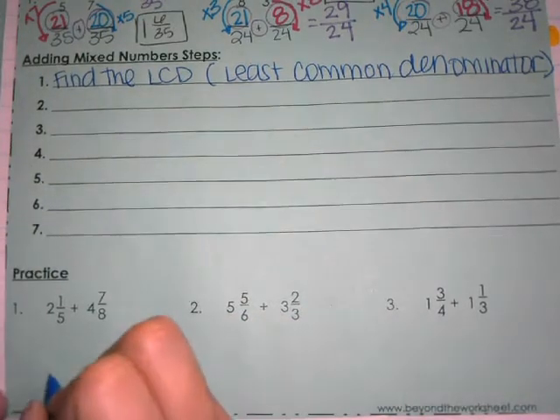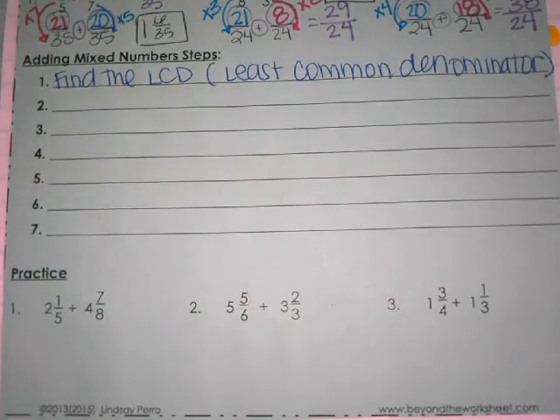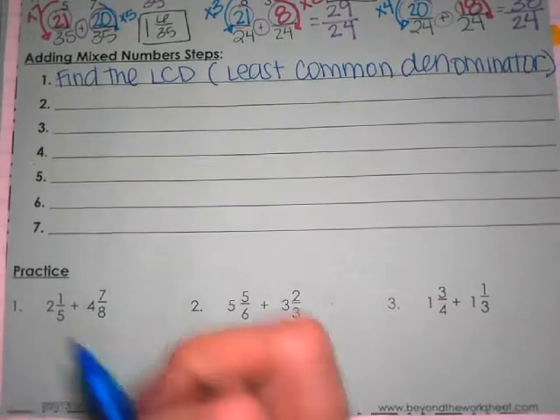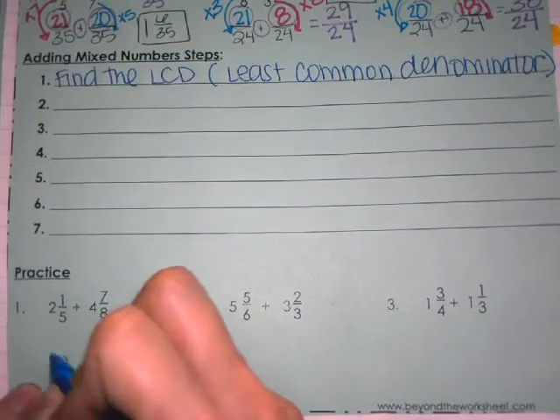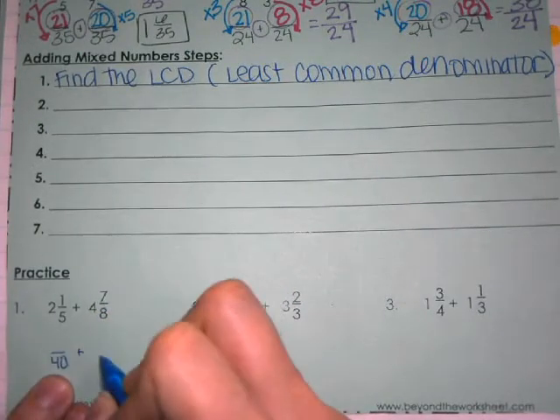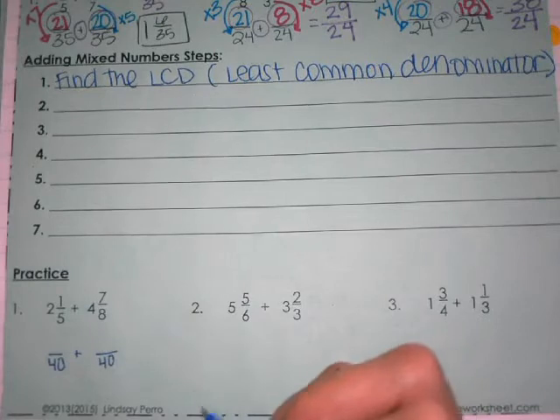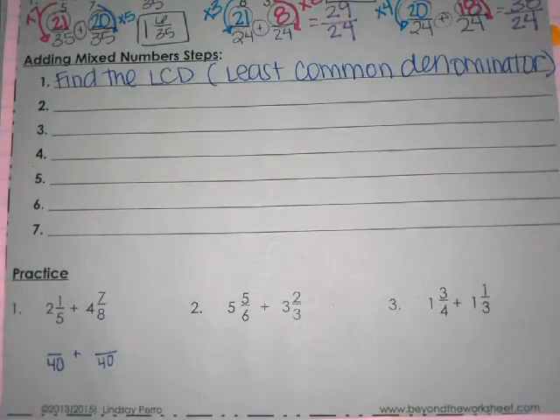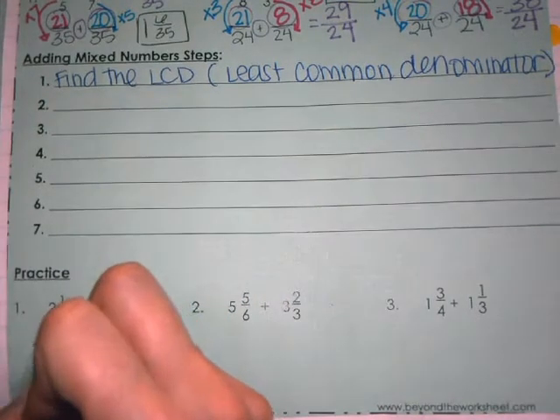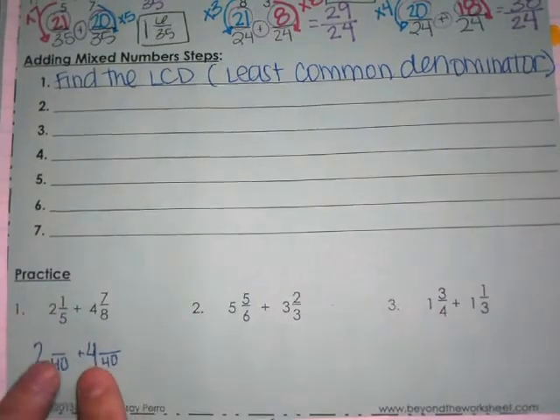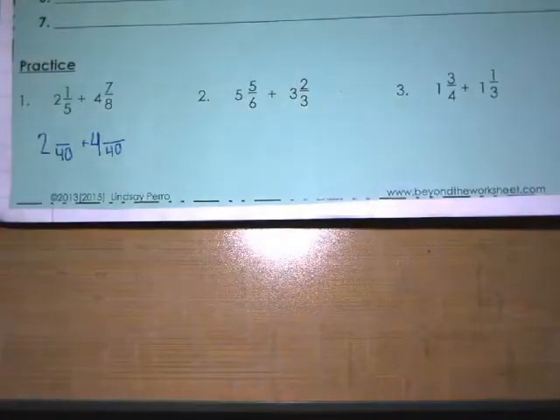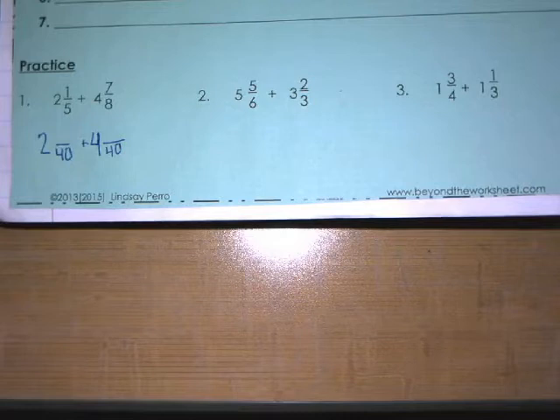All right, so now we are changing our fractions so that our denominator is 40. And guys, we are keeping the whole numbers the same. So all I do is keep my whole numbers, change my denominator to that new denominator, and then I get the new numerator, just like we did with fractions.